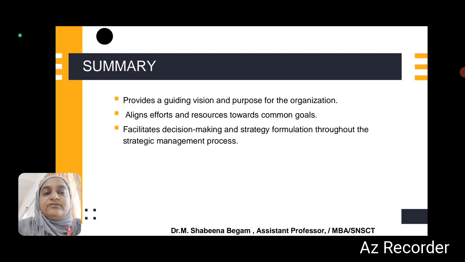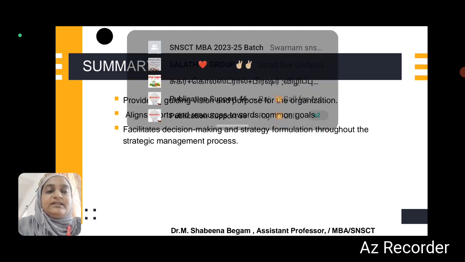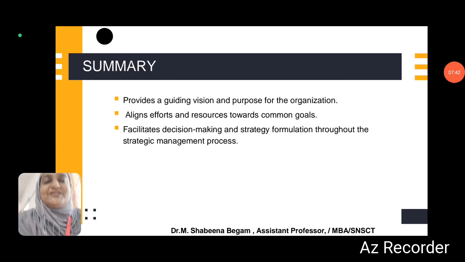Here we got a very good idea about how to frame a very good vision and what the purpose behind it is, then align the resources towards the common goal of an organization. So who has to play which role in the organization to achieve the final goal. Then it also facilitates decision making and strategic formulation throughout the strategic management process.